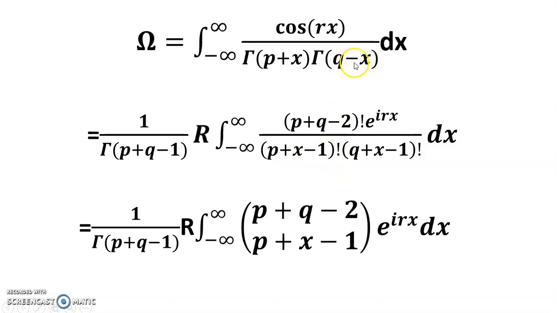Here you see q, this is a minus, and here I have written plus by mistake, it is minus. So I hope you can understand my typing mistake. I have already said this is minus, so I think you don't have any problem with this kind of error.